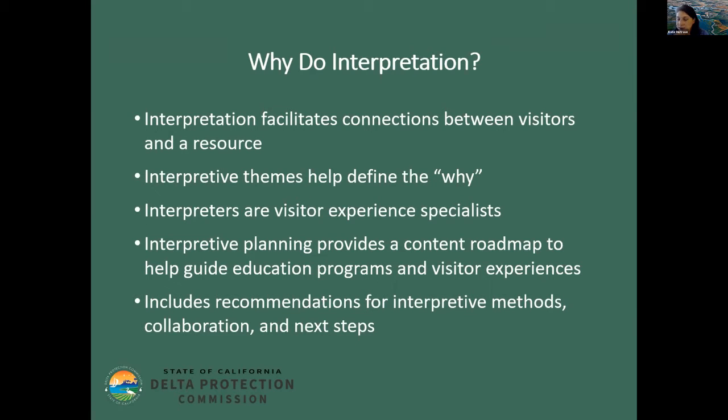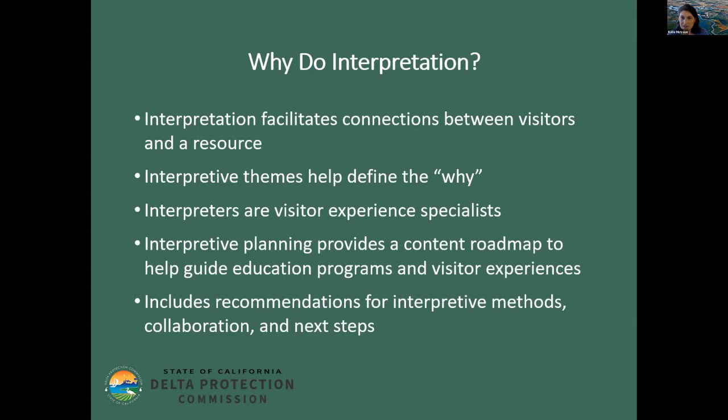Interpretive planning provides a content roadmap to help guide education programs and visitor experiences. So this is what this interpretive plan is going to help do. It's going to be a framework for all of the interpretive providers, for marketing, for Chambers of Commerce, to really see what is available education-wise and activities in the Delta.